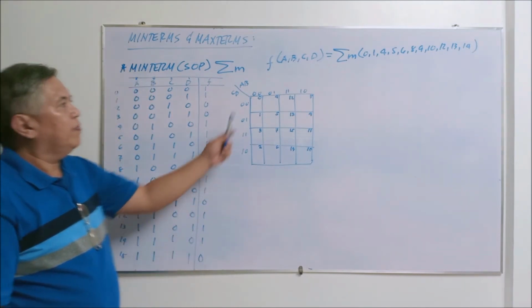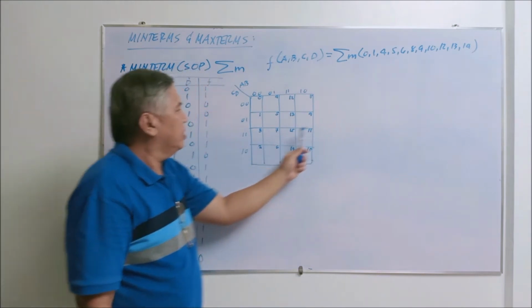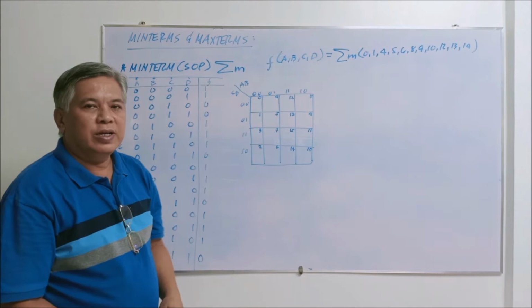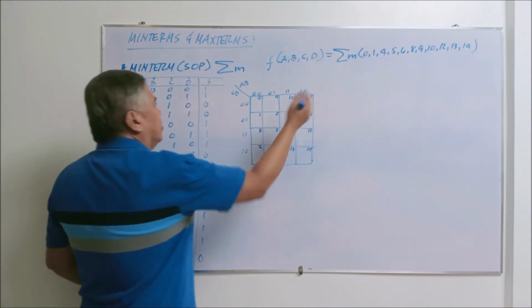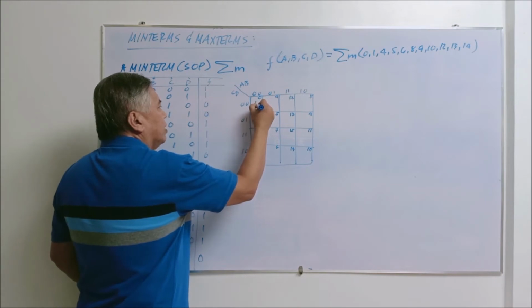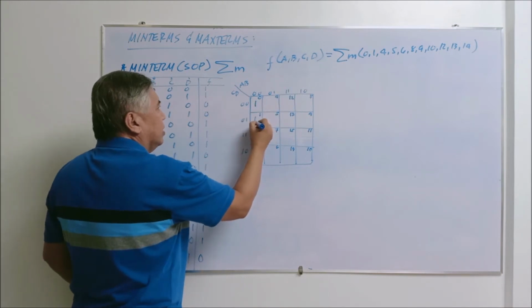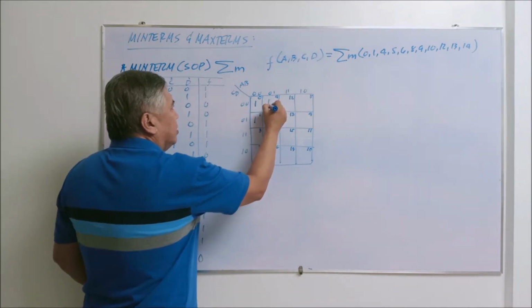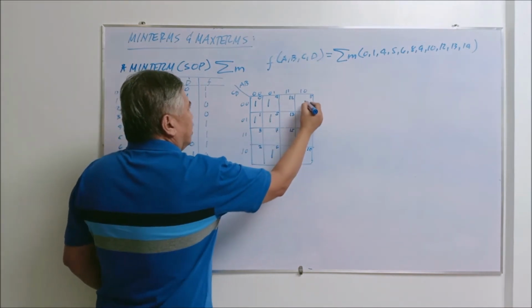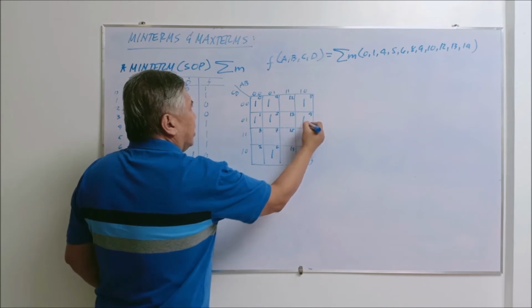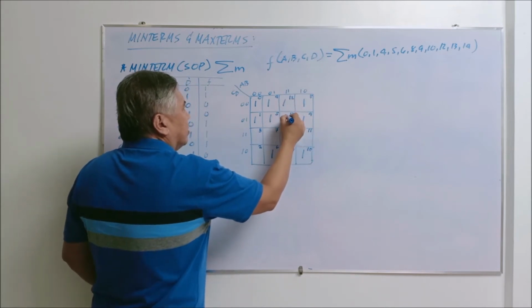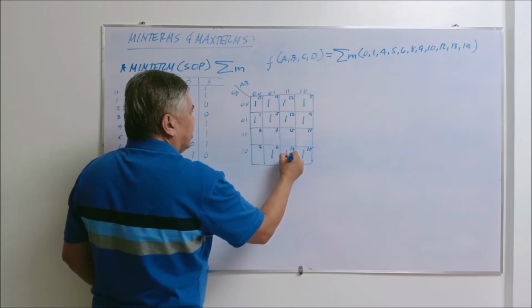Then we place our minterms into our cells. Since this is sum of product, we put a 1 in the cells 0, 1, 4, 5, 6, 8, 9, 10, 12, 13, and 14.